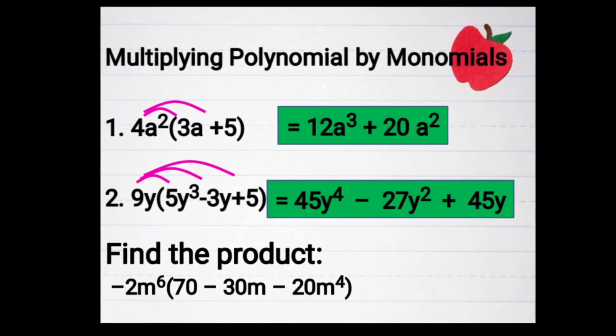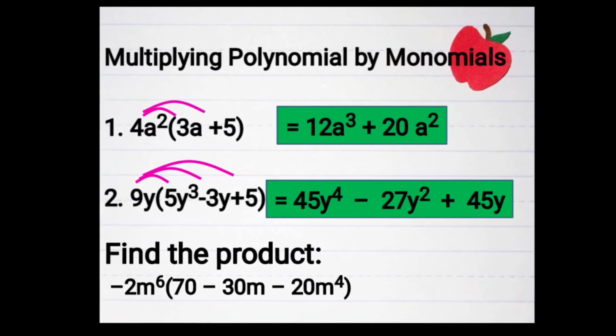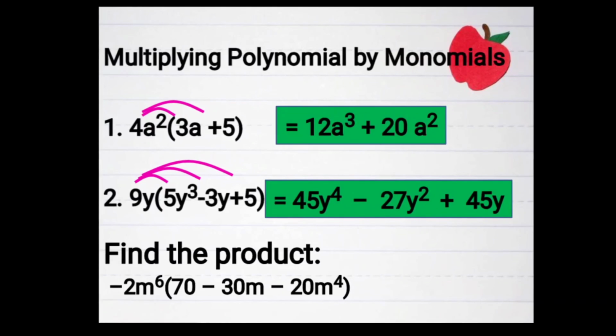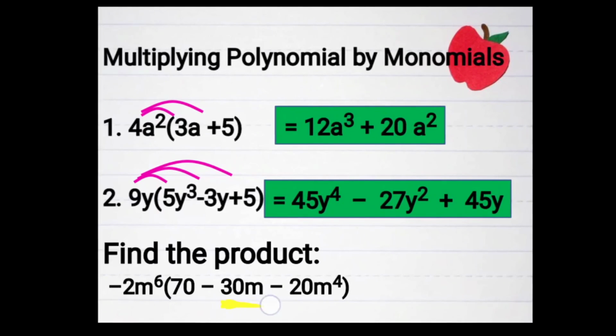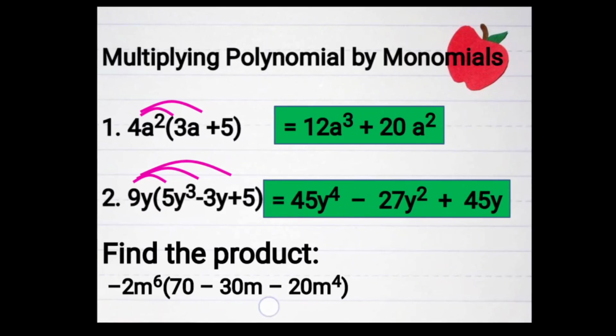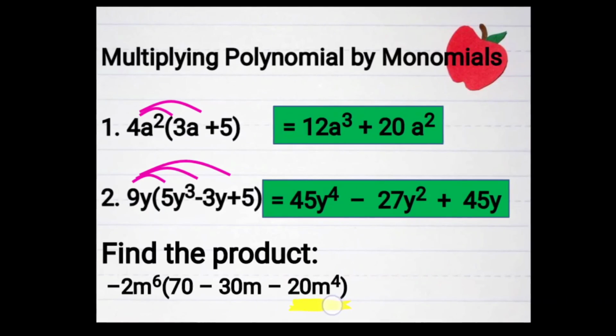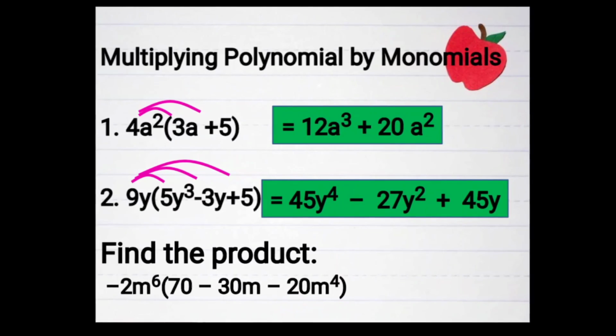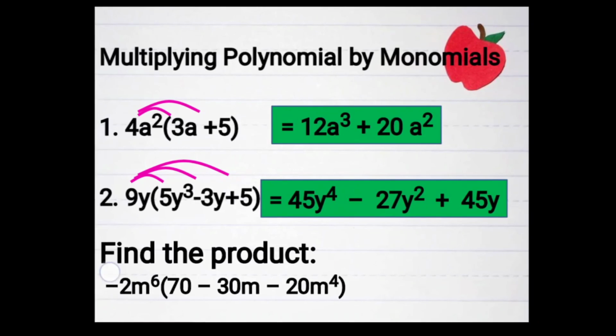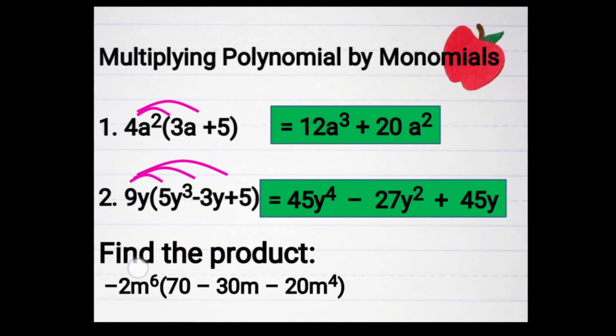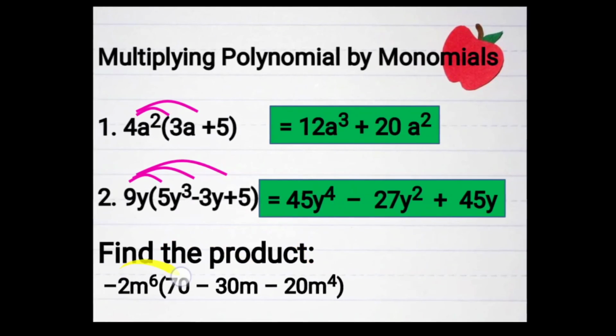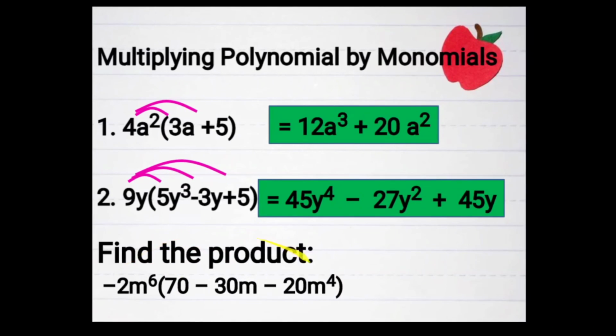Okay, so let's find the product of this. Negative 2m to the sixth power times 70 minus 30m minus 20m to the fourth power. Again, same process. You have to distribute the monomial. So, multiply, multiply, multiply.